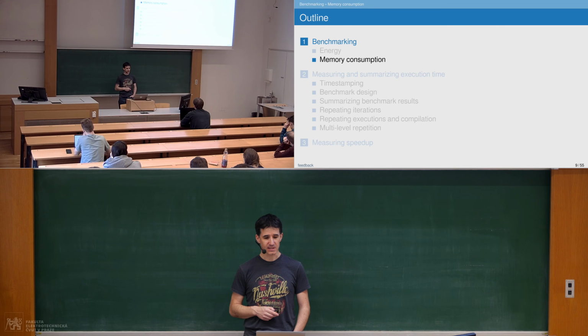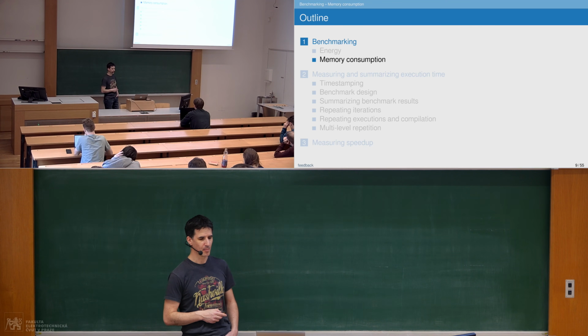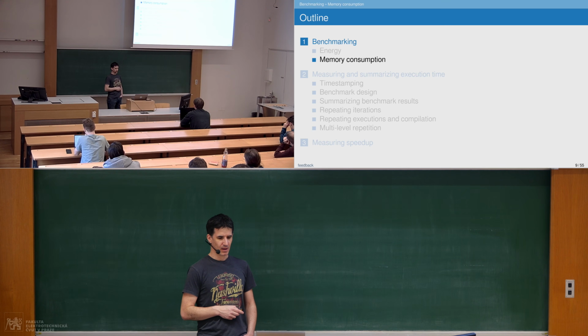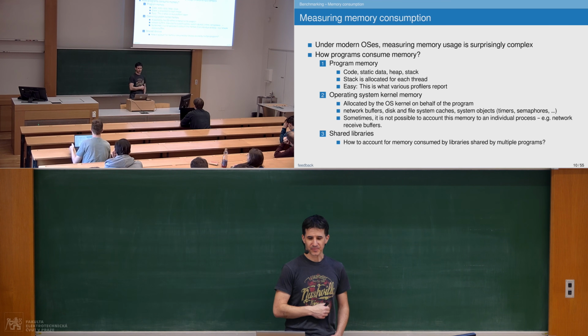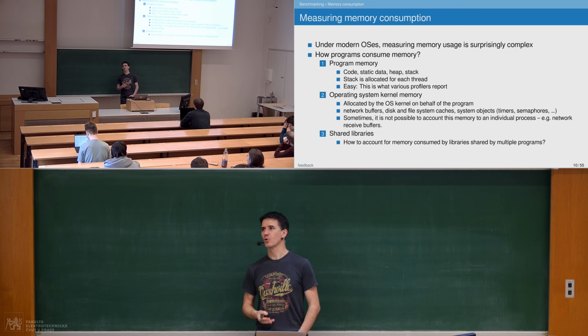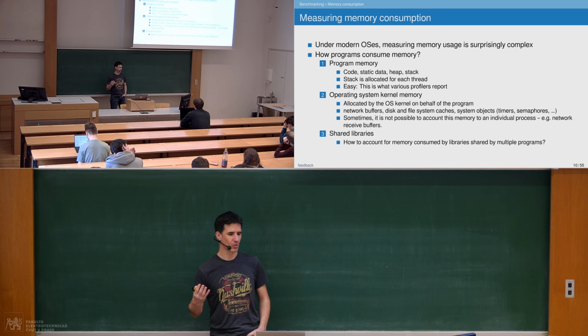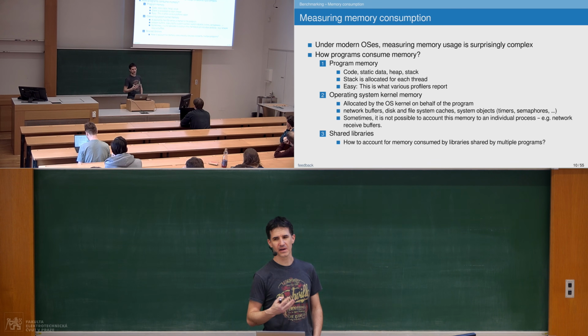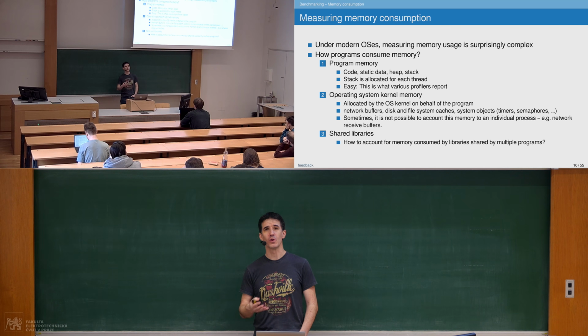Now a bit less easy is how to benchmark memory consumption. There are many ways your program can consume memory, and typical profilers and other programs provide only a subset of those ways.